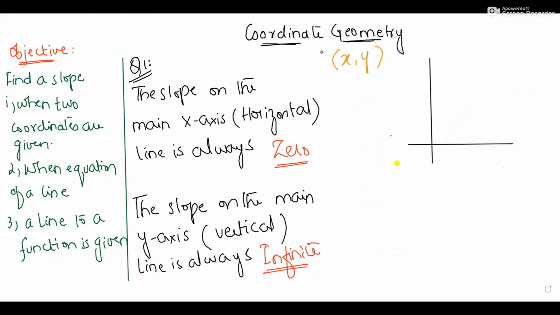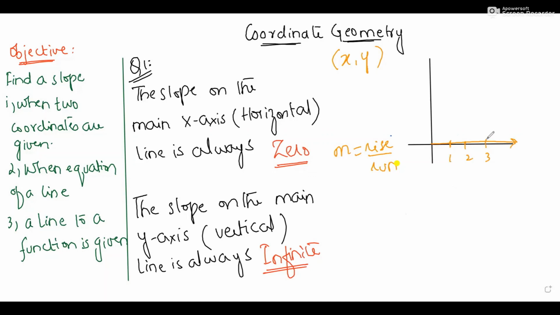We all know the simple formula for finding the slope is rise upon run: m equals rise upon run. If we talk about the main x-axis, the value of y for all values of x is always 0, like 1, 2, 3.